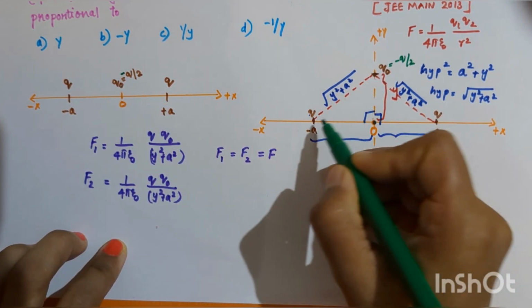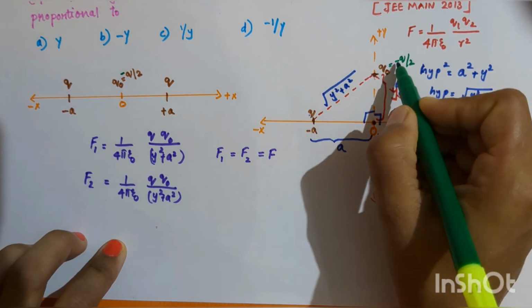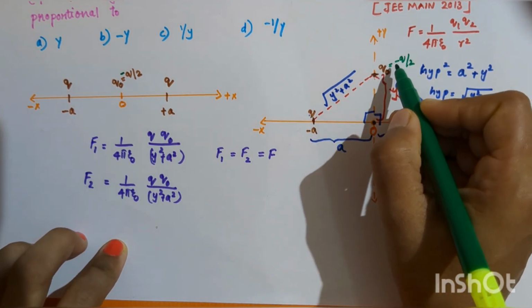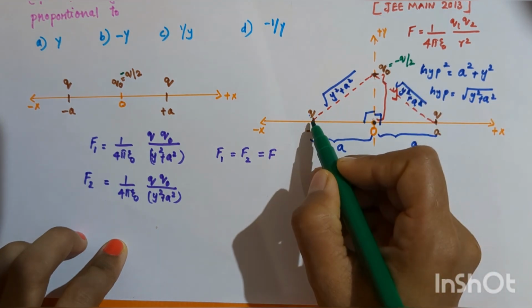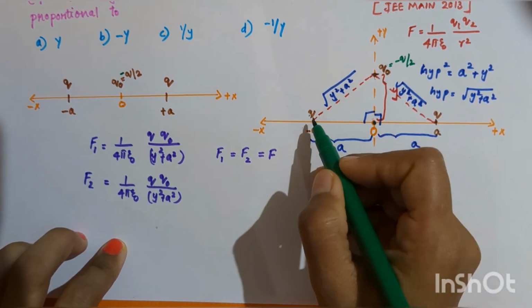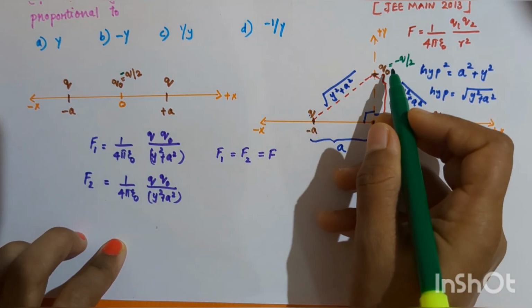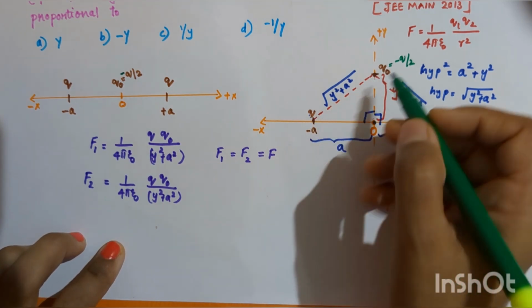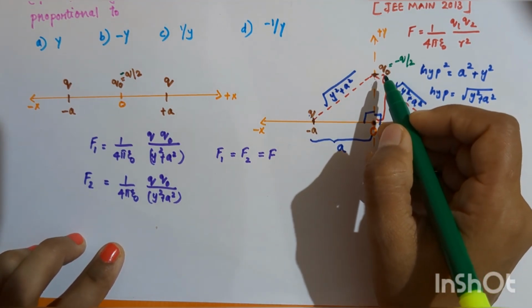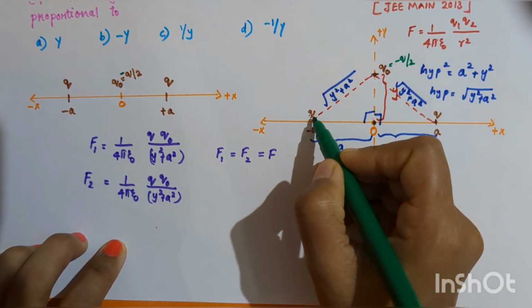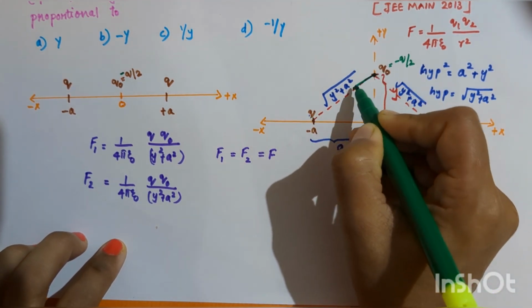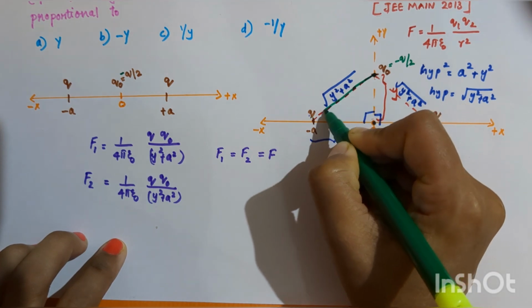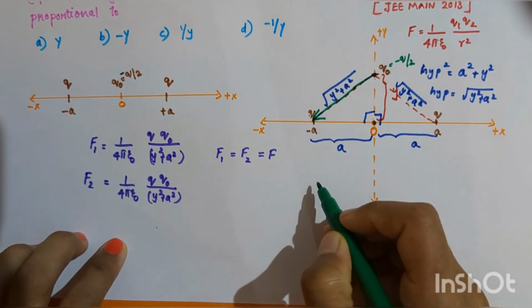So you see, there is a charge q here and there is a minus q by 2 charge here. There will be a force acting on this charge minus q by 2 due to this charge q. See, one charge is plus, another charge is minus, so there will be a force of attraction between them. So this charge q will try to attract this charge minus q by 2 along this direction.